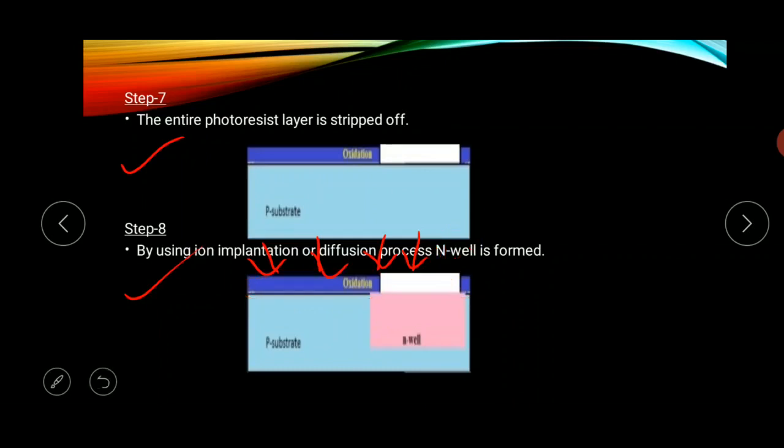But in this region, as no oxide is present, impurities penetrate into the substrate. Because of this, an N-well is formed here. So by using ion implantation or the diffusion process, the N-well is formed.